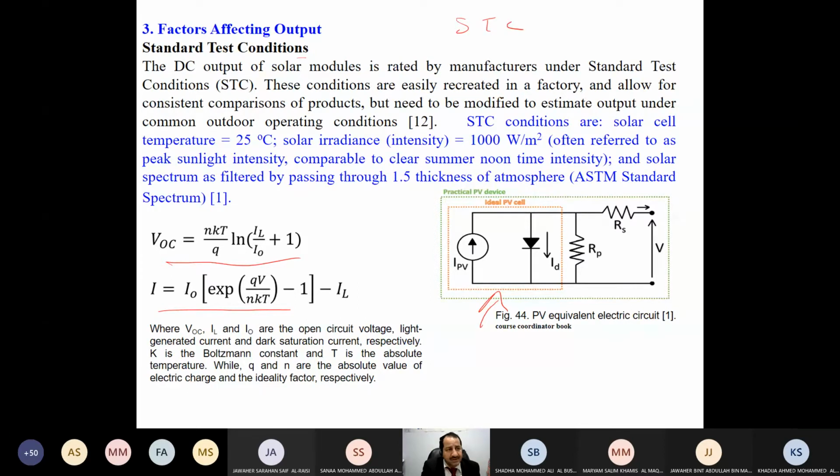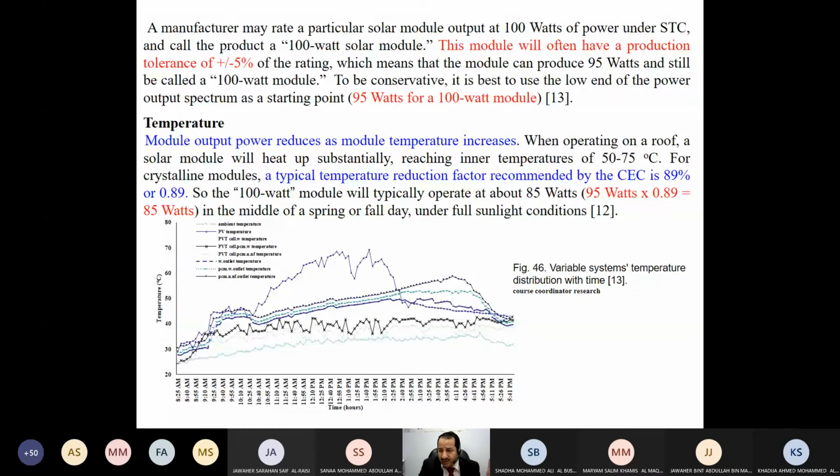I will talk about this output. Have a look. Let's assume we manufactured a 100 watt module panel. Usually manufacturers mention in the specifications that there is around plus or minus 5% tolerance.